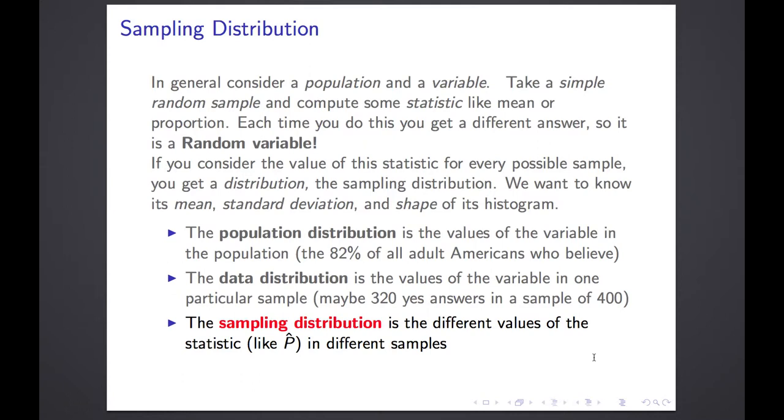That is, imagining taking all possible samples, computing the statistic in each of them, and looking at that distribution, asking about its mean, its standard deviation, and its shape. And it's that which will allow us to connect the data distribution to the population distribution. We will use the sampling distribution to infer information about the population distribution from the data distribution.